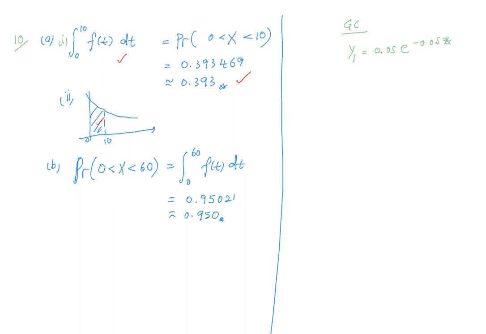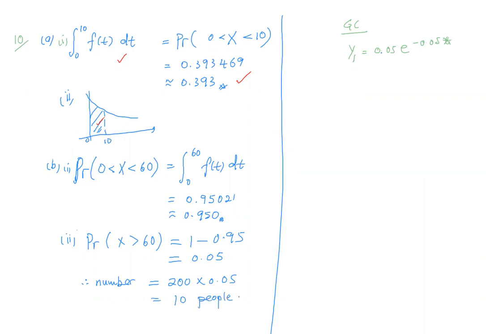So the probability of X more than 60 minutes is 1 minus 0.95, which is 0.05. Therefore, we take 200 times 0.05. So there are 10 people who will have to wait more than 60 minutes. Are you okay?